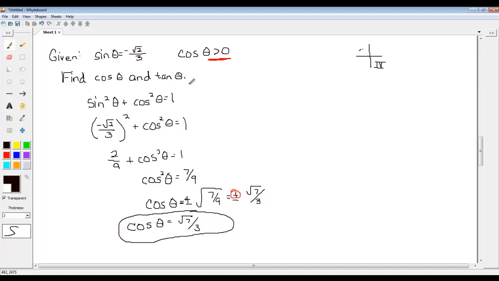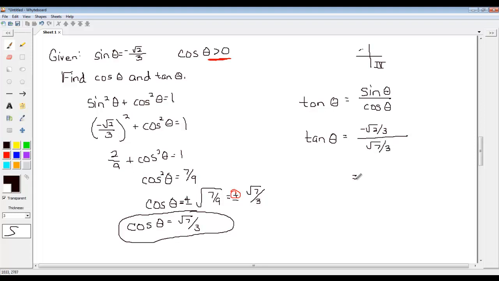Now it also wanted us to find tangent of theta. But remember, tan of theta, we now know to be sine theta over cosine theta. Use that quotient identity. So tan theta equals, well, sine theta was negative square root of 2 over 3, and cosine theta was square root of 7 over 3.